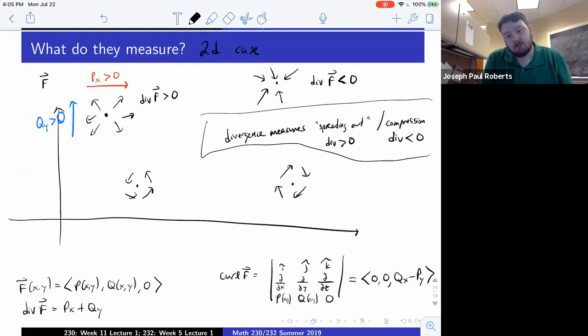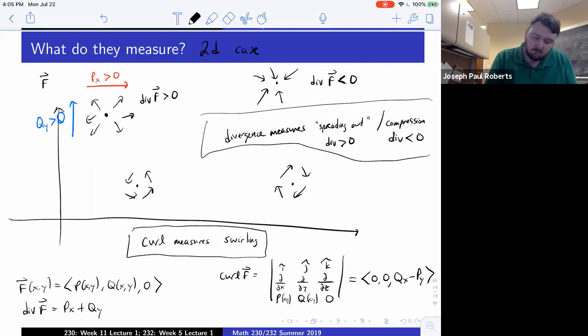Whereas curl measures swirling. So basically here, this was basically the same picture I showed you when we were talking about Green's theorem a while ago, but this counterclockwise swirl corresponds to a positive value of Qx minus Py.